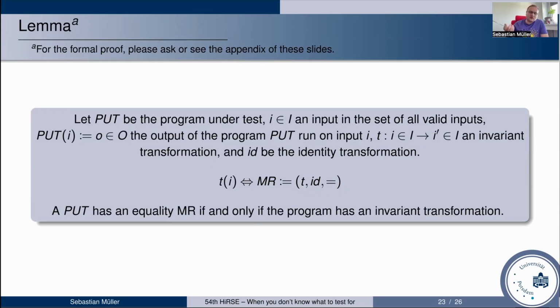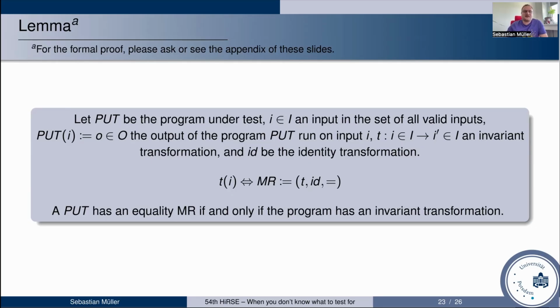So whenever you know that you have an invariant transformation, a transformation that you can apply to the input of your program, then you will already know that we do have a metamorphic relation in our program that we can test for.